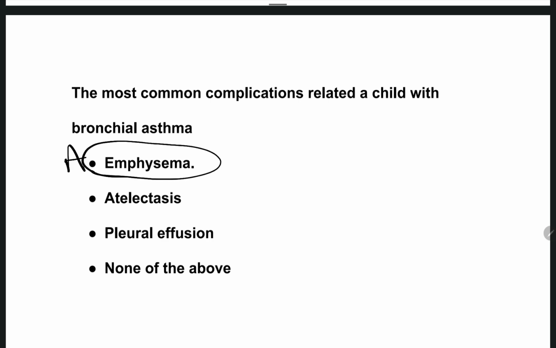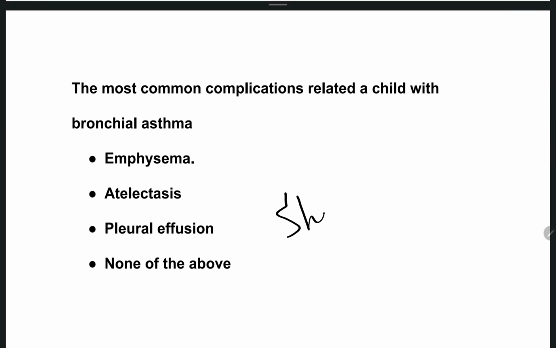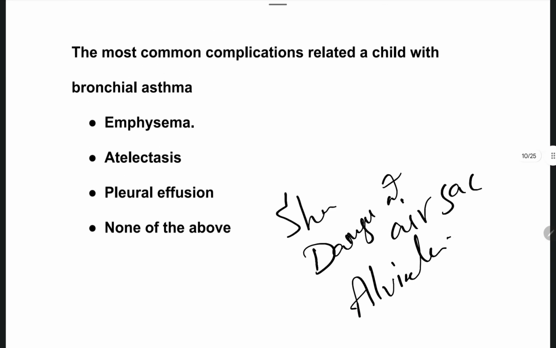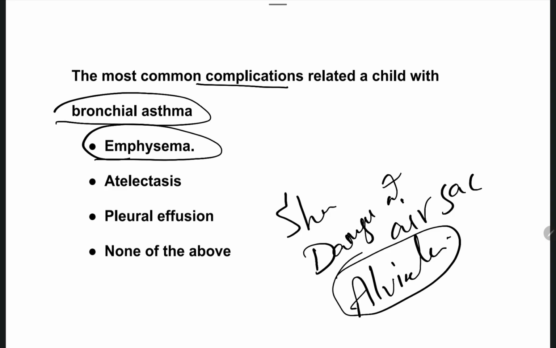Emphysema is a lung condition characterized by shortness of breath, and it is due to damage of the air sacs, that is alveoli. Emphysema can develop as a complication of bronchial asthma.